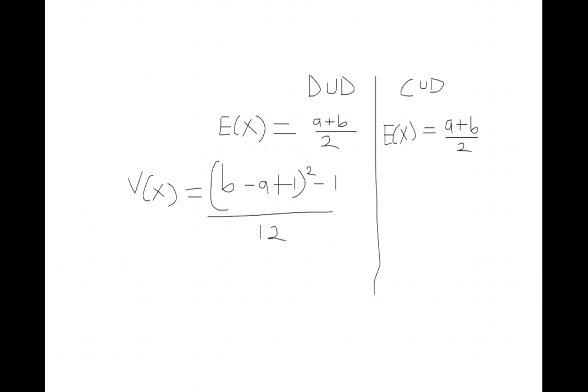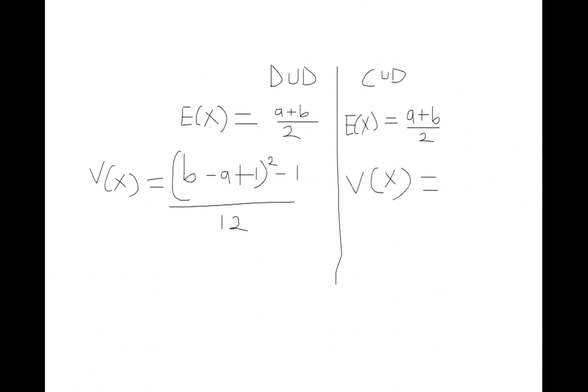And what do I mean? It will look something like: variance of X is equal to (B minus A), everything in brackets squared, over 12. So that's the difference between the two.